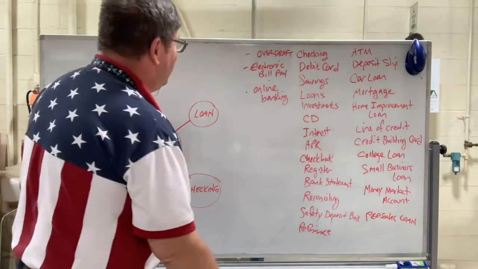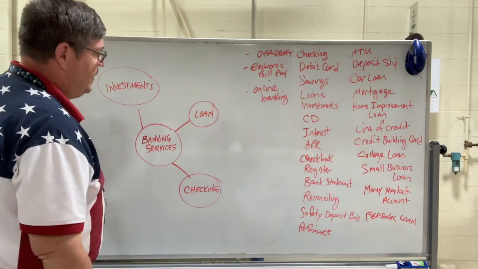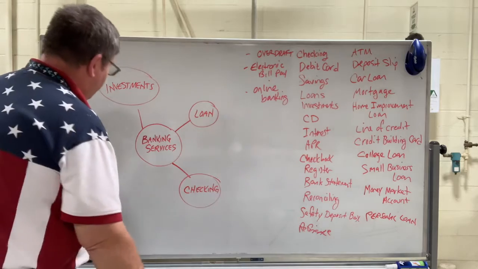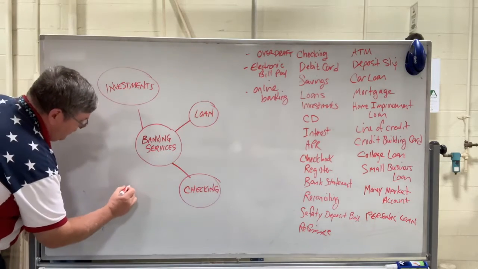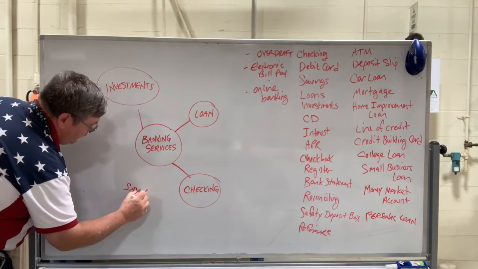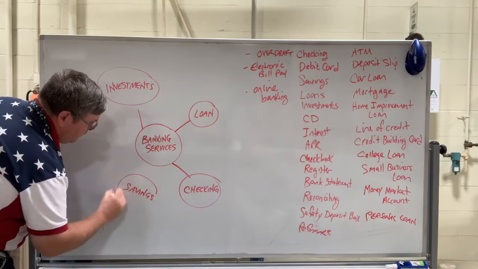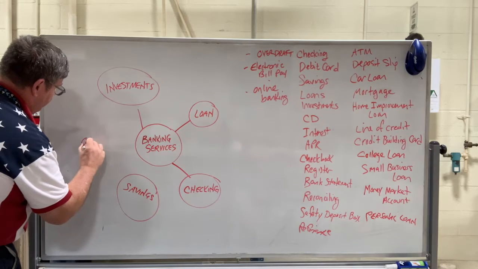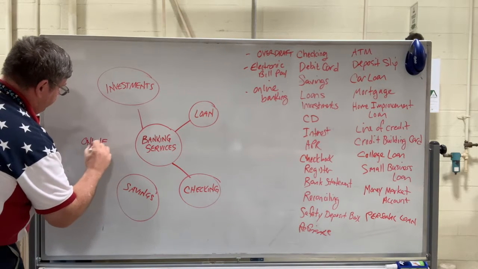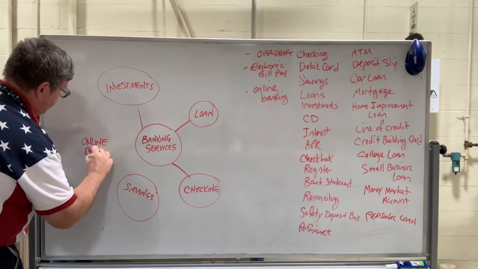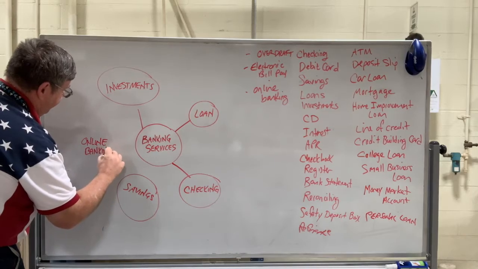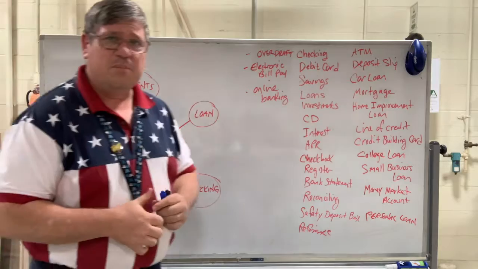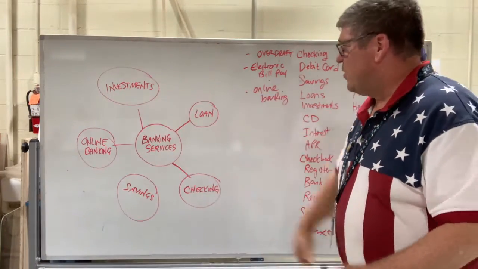Loans is huge. Investments, checking. We certainly got a savings account here. We've got online services. So, online banking. All right. So there are just some basic categories I've created here.